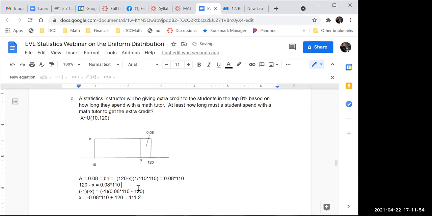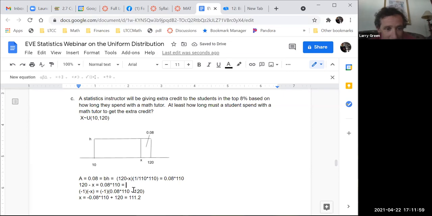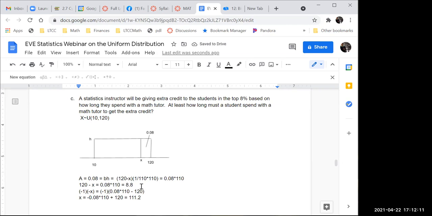Sure. Okay, so 0.08 times 110 is easy because 8 times 11 is 88. So it's 8.8. But again, you can use a calculator for that. Is that clear? Yeah.